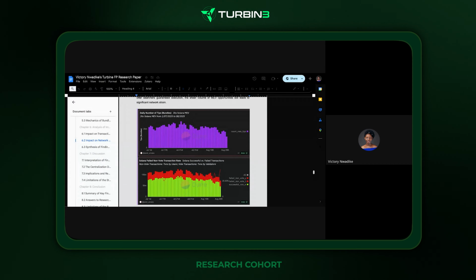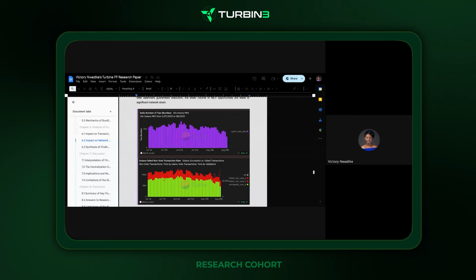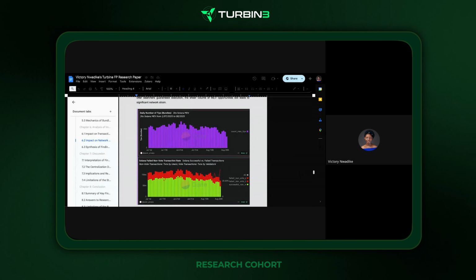Initially I planned for my data to span from January 2024 to 2025, but I forked some data to get the one I presented here. June was not giving me what I wanted, so I had to go with a smaller range. That's why I had to step it down to between July 1st and August.